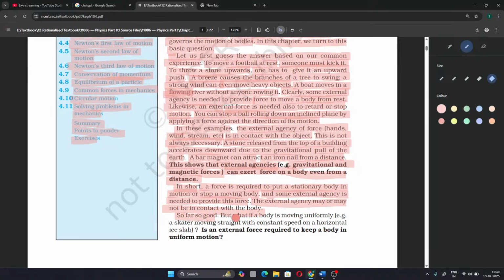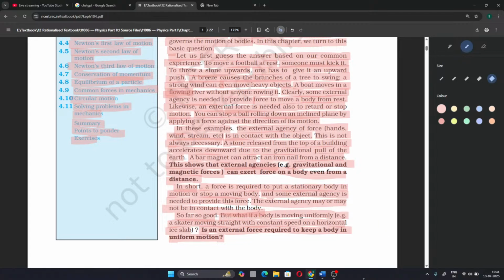So far, so good. But what if a body is moving uniformly? Example: a skater moving straight with a constant speed on a horizontal ice slab. Ice slab meaning frictionless slab. Is an external force required to keep a body in uniform motion? Do you think so?